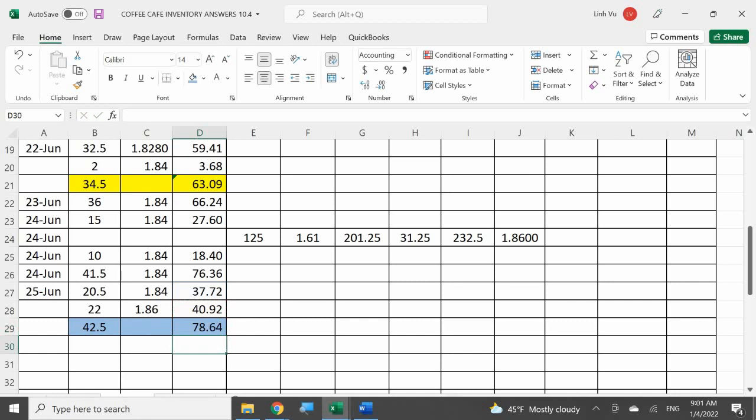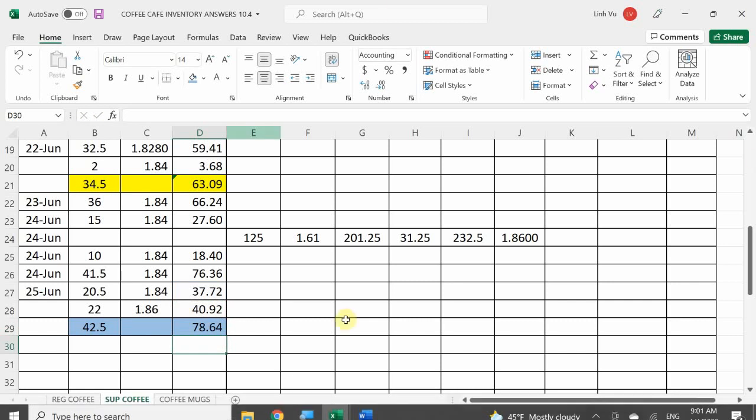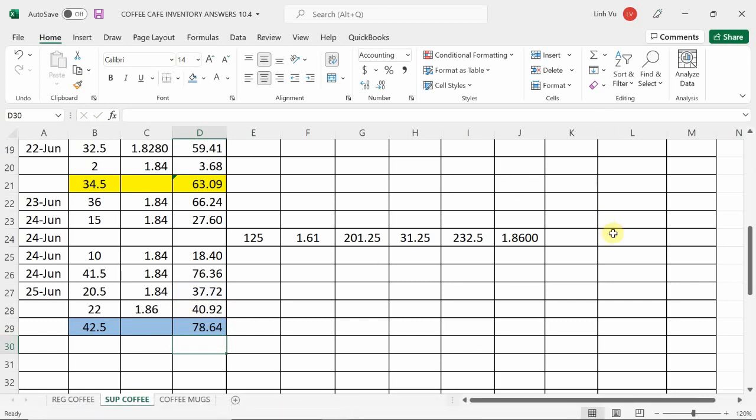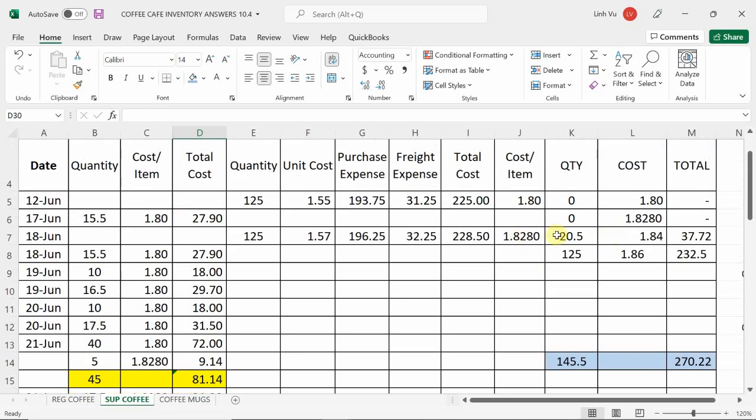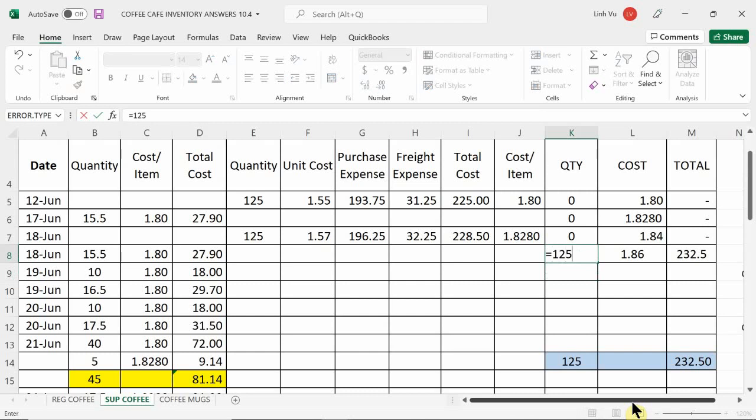All right, and we get 78.64. So now let's update our inventory so we no longer have this. And we have 125 minus 22, giving us a remainder of 191.58.